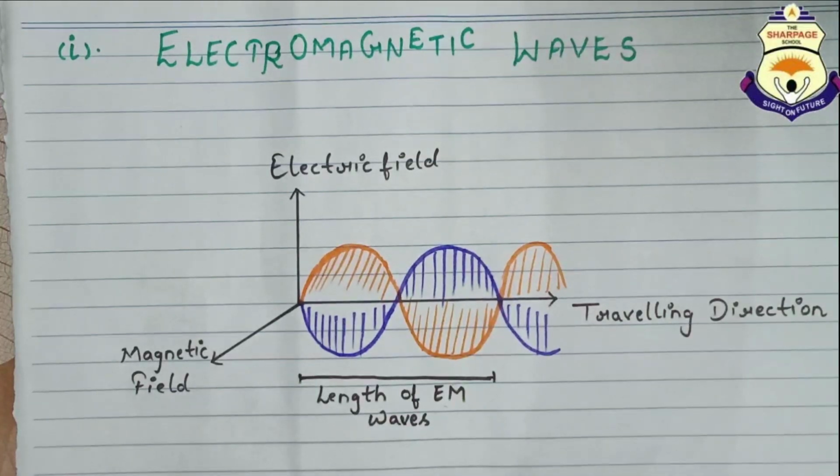Students, now study the first property of light, that is, light is an electromagnetic wave, in detail. The question arises: what are electromagnetic waves?